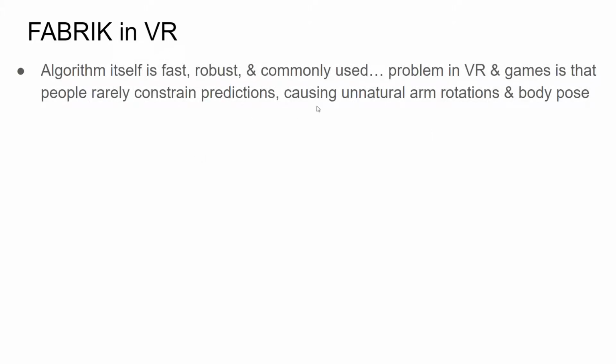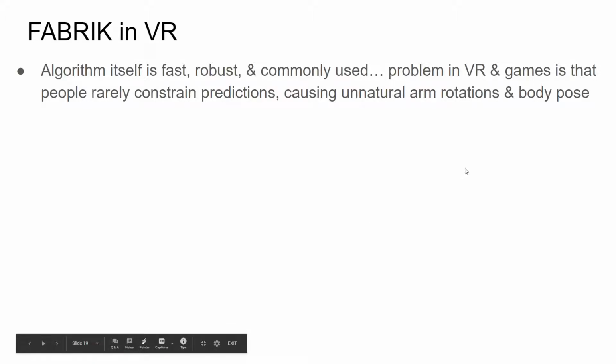In VR, the nice thing about this algorithm is that it's fast, as we saw, and it's commonly used and supported by game engines, which is always nice, and it's pretty robust compared to CCD. As we saw, it doesn't generate such extreme rotations. The problem is that there are still other constraints that FABRIK, or at least in the state of the art of game development, people don't think about as much when they're working with FABRIK or any kind of IK method.